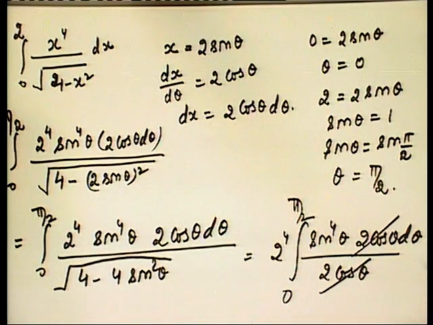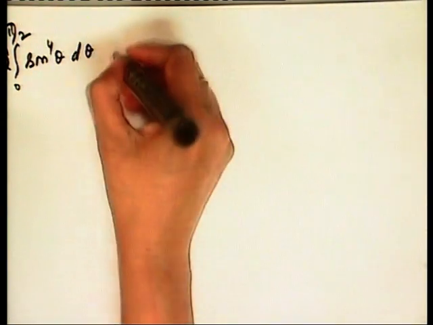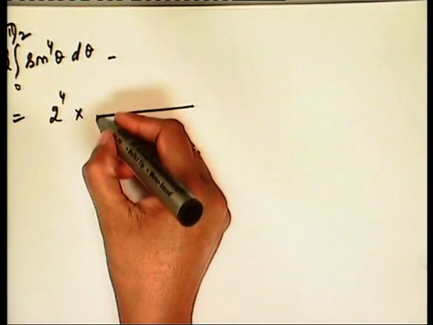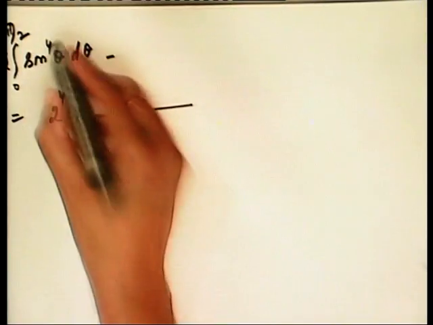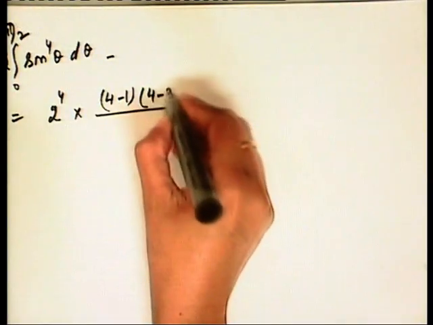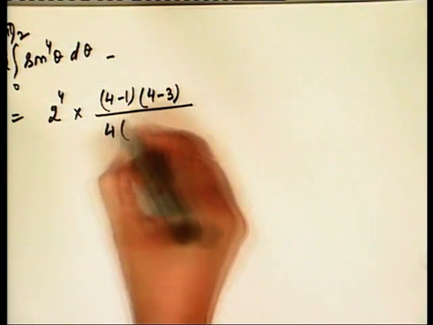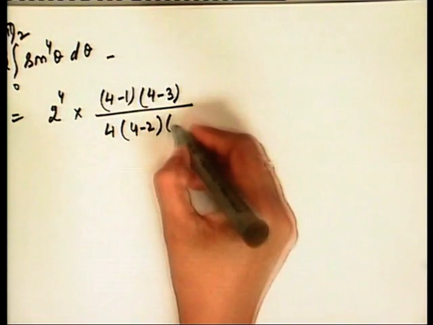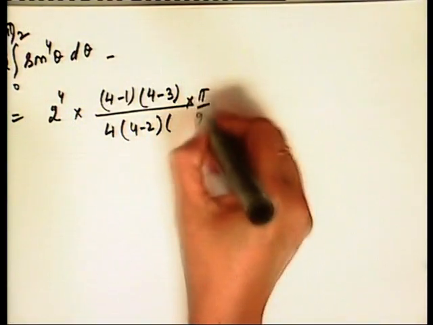Now our question is the integral from 0 to pi by 2 of 2 raised to power 4 sin 4 theta d theta. By applying the standard formula, since n is an even number, we get 2 raised to power 4 times (4 minus 1)(4 minus 3) in the numerator and 4, (4 minus 2) in the denominator, times pi by 2.